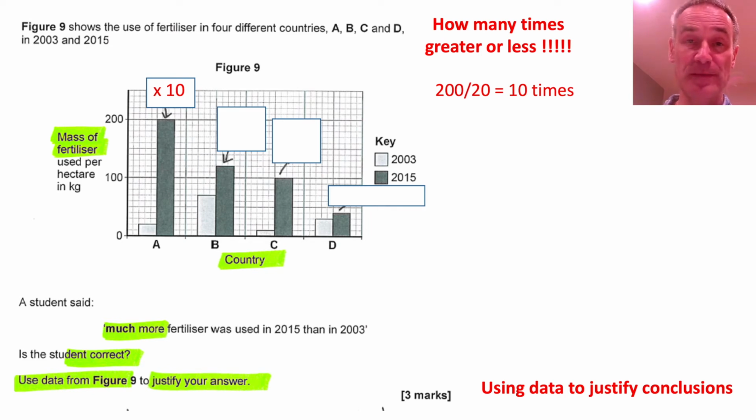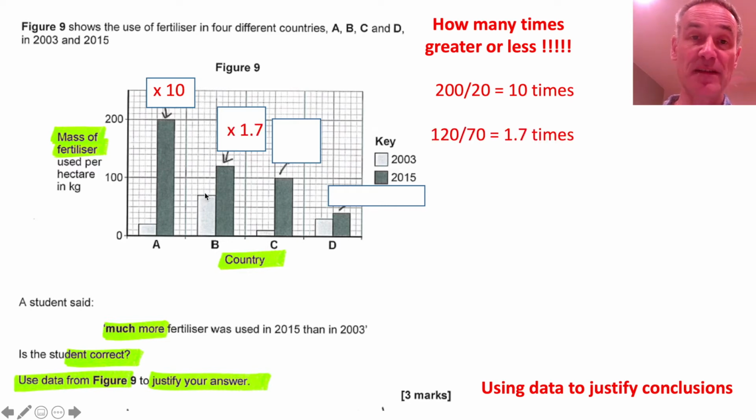Let's have a look at the next one, B. We've got 120 there, and it started at 70. So 120 divided by 70, this has gone up by only 1.7 times. That's not much more. Country C, you can see it went from 10 to 100, so that is 10 times more. That is much more.